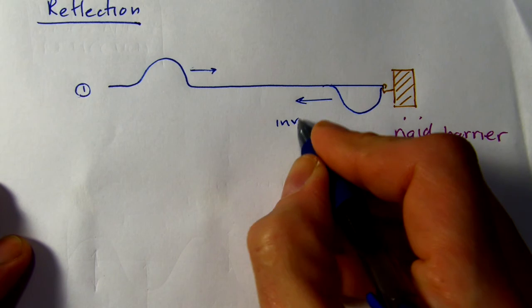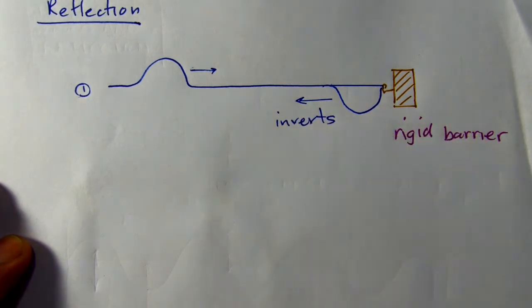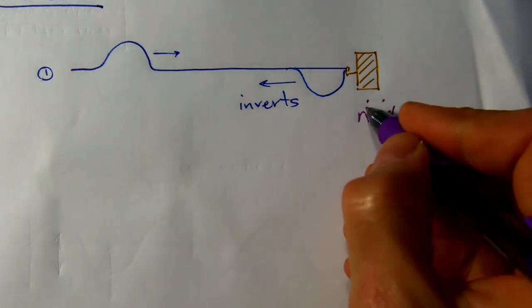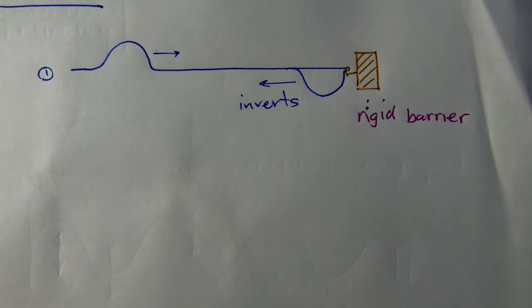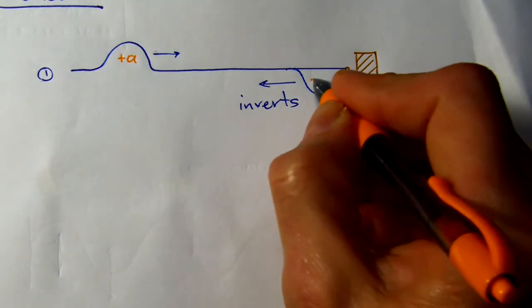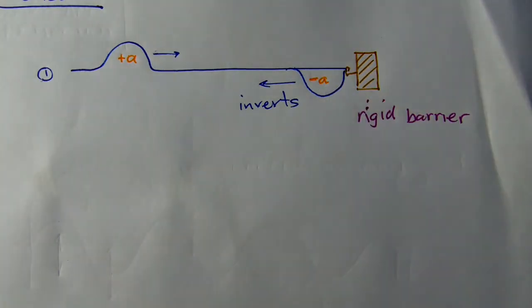It inverts, it flips over. Okay? We'll talk more about what that means later on when we talk about superposition. Okay, but that's going to be important now when we talk about superposition and sound waves and so on. So we could call this plus A, we could call this minus A. And that way we give some directionality.